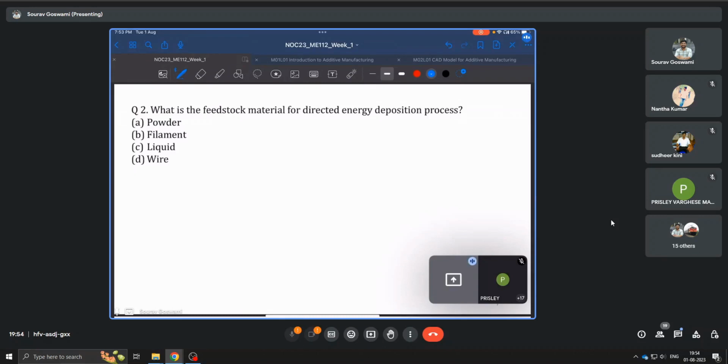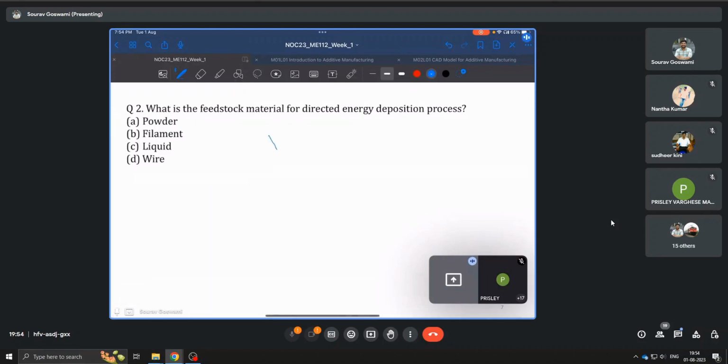Akhilesh Singh, are you with us? Okay, no volunteers. So in a DED process, have you seen powder being used?